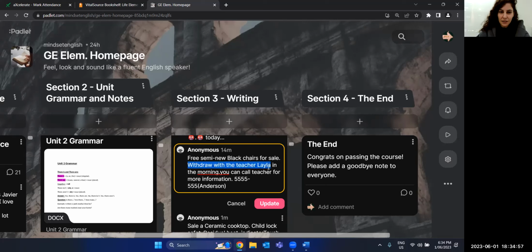I don't understand what happened in the morning. You can call the teacher for information. What advertisement? I don't know what you're talking about. So what happened? Withdraw. Are you saying you no longer do the course? Removable chairs, yeah. Withdraw with the teacher, Laila, in the morning. I don't understand this sentence. Rewrite that sentence.